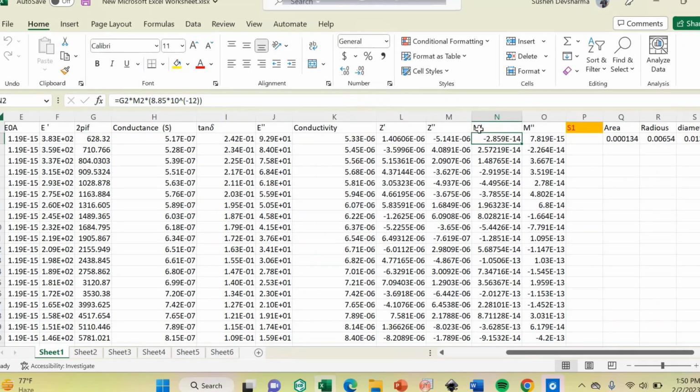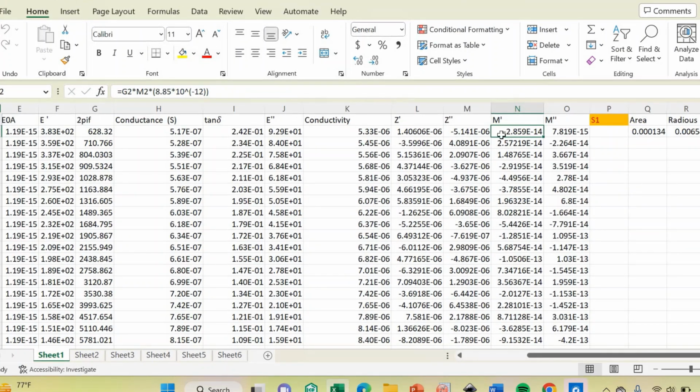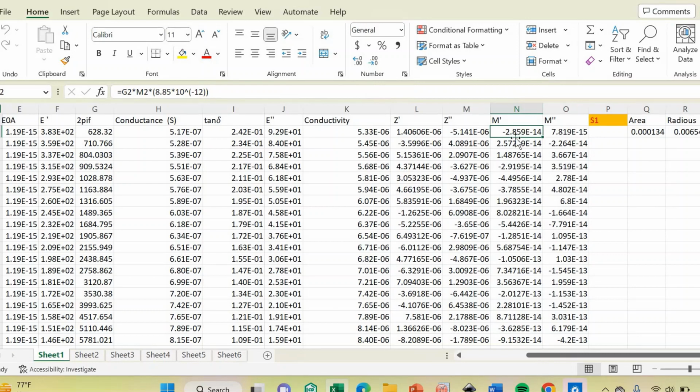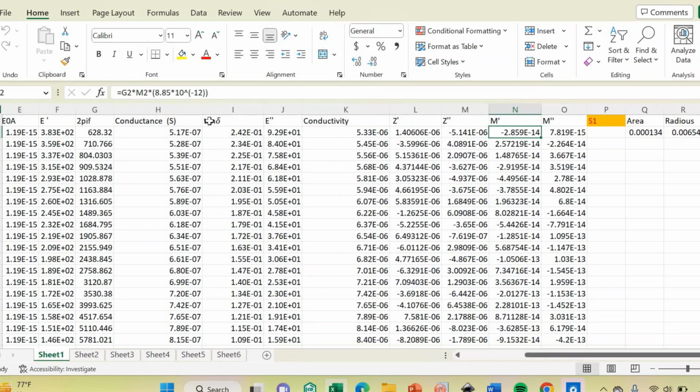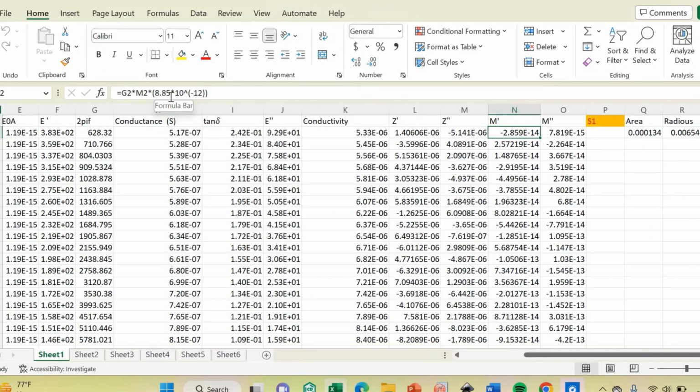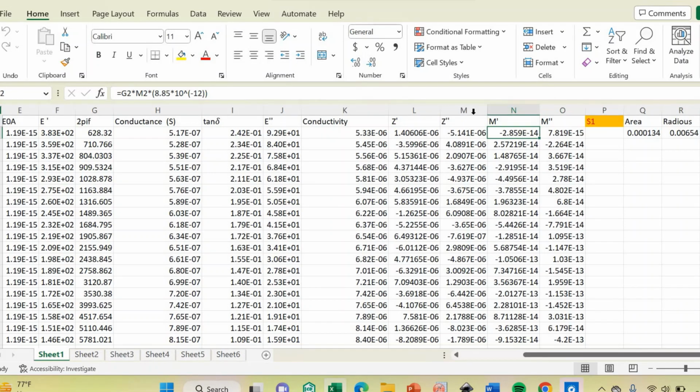And this is the modulus, M prime and M double prime. To calculate the modulus, you need this formula: G2, where G2 means 2 pi f, and M2, where M2 means Z double prime, and 8.85 into 10 to the power minus 12.